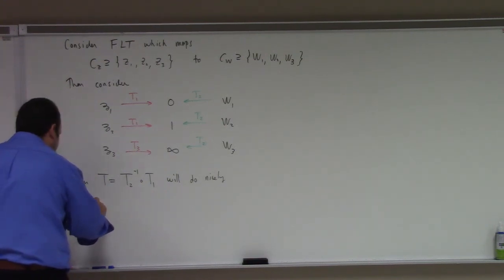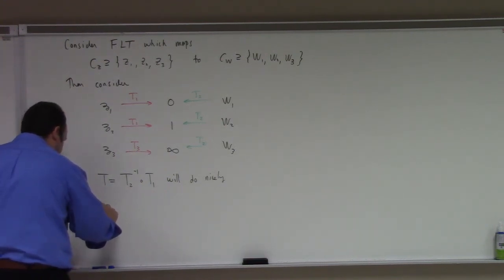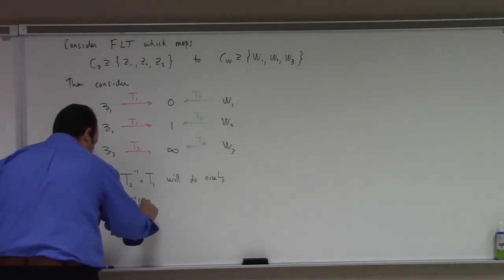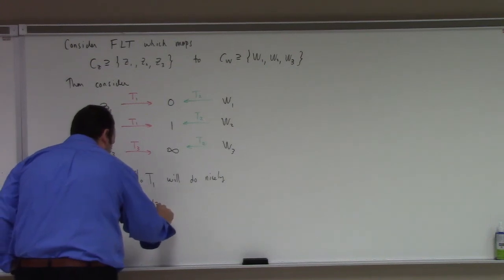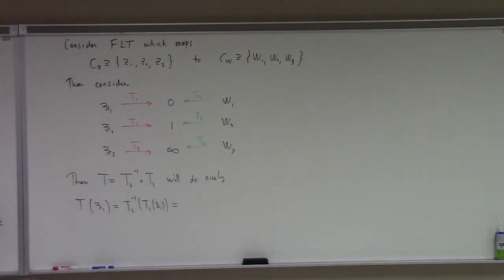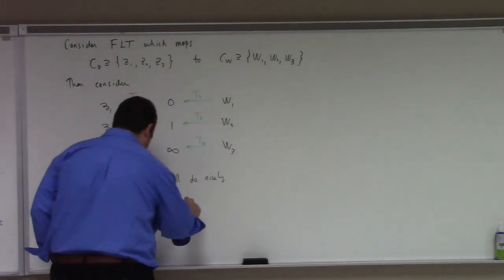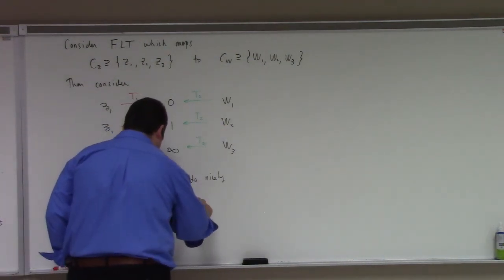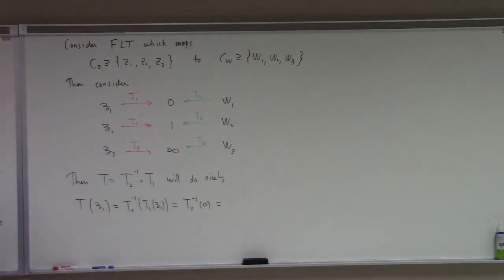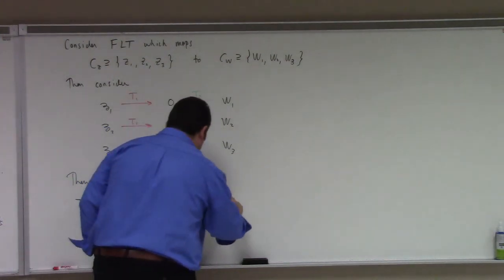T of Z1 would then be T2 inverse of T1 of Z1. What's T1 of Z1? By construction it is 0. What's T2 inverse of 0? You just have to follow my arrow the other way. So T2 inverse of 0 is W1, right?